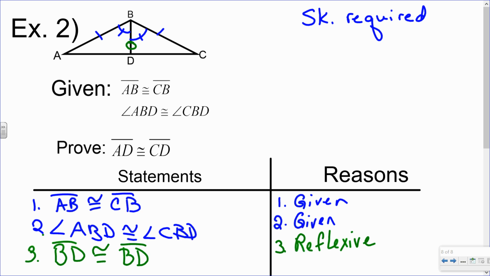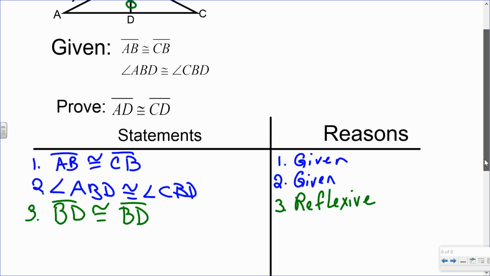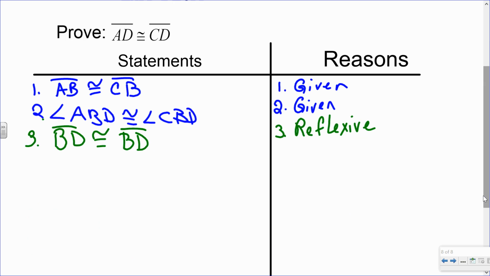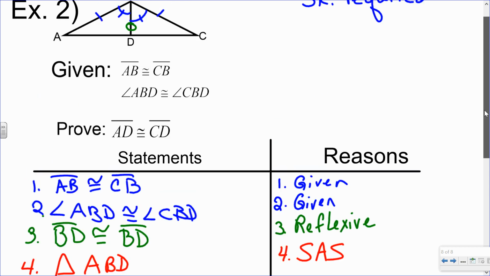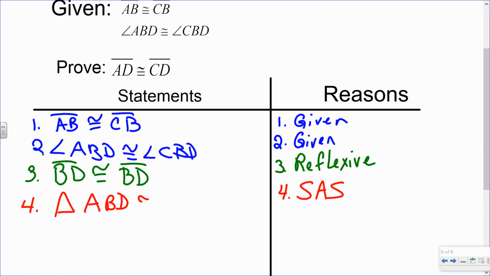So Sharon, how could I say that those triangles are congruent? So perfect. Side angle side, and you did a perfect job of naming the vertices in corresponding order. So triangle ABD on the left, let me get back to the picture, CBD on the right would match up with that. We always write these in corresponding order.